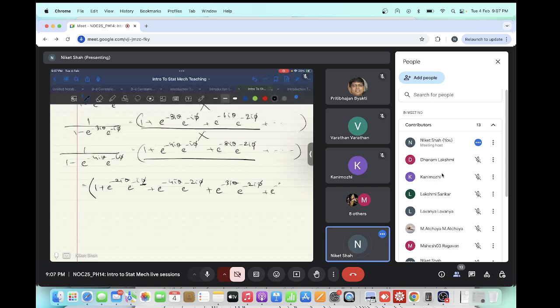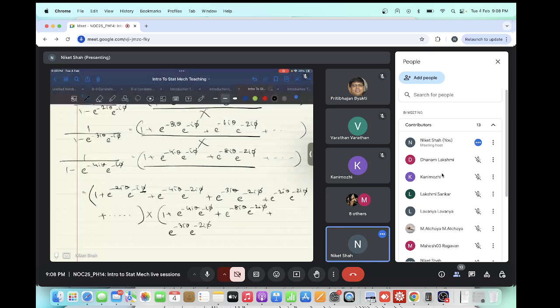Plus dot dot dot multiplied by, again similarly for the last two terms, 1 plus e raised to power minus 4 I theta e raised to power minus I phi, plus e raised to power minus 3 I theta e raised to power minus I phi, plus e raised to power minus 7 I theta e raised to power minus 2 I phi, plus e raised to power minus 6 I theta e raised to power minus 2 I phi.